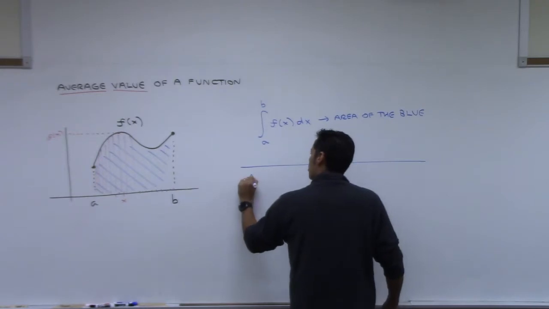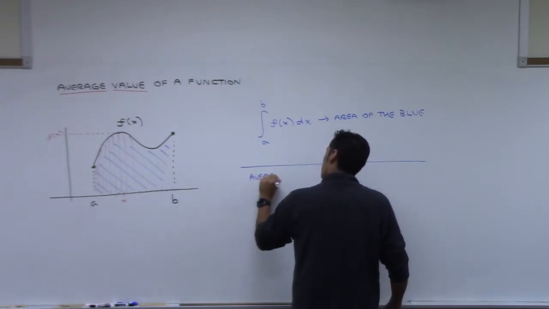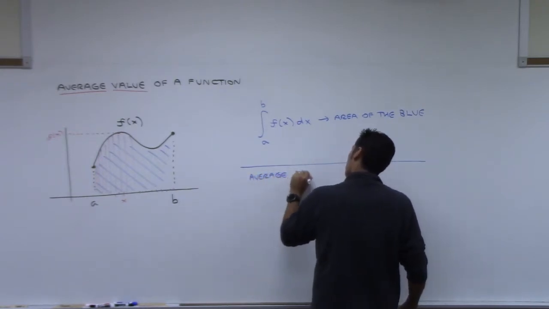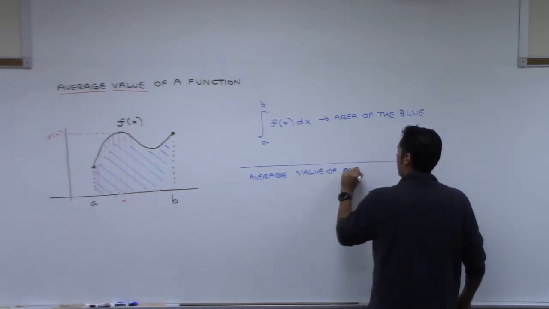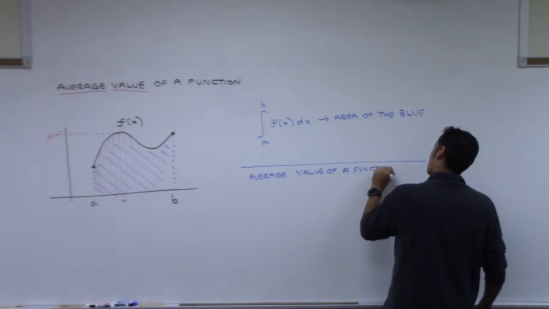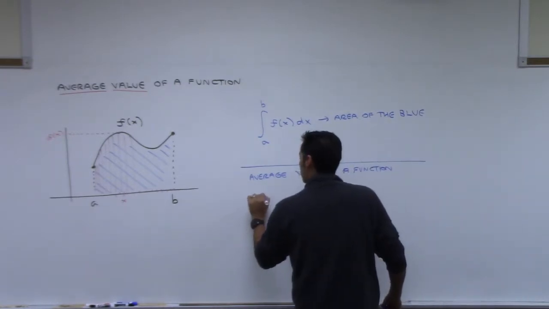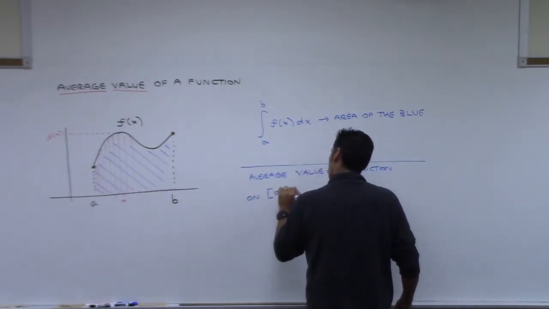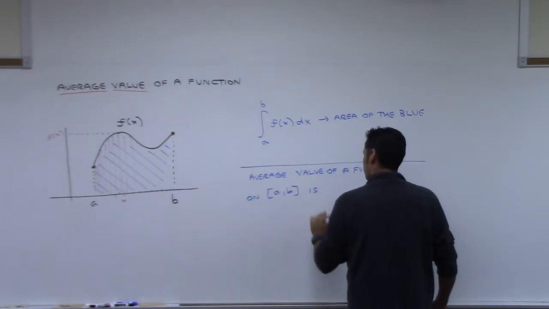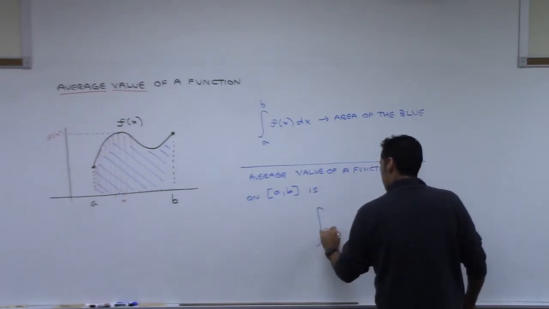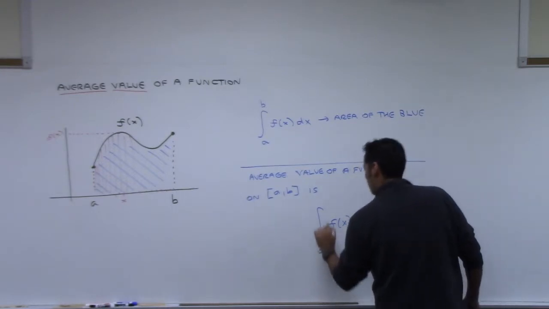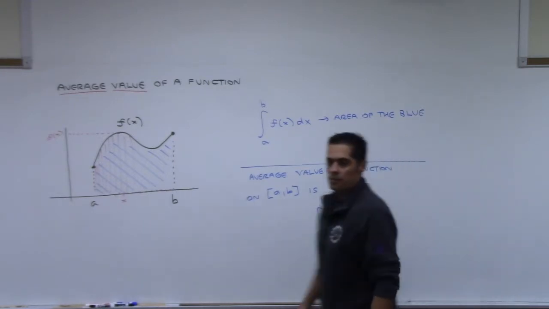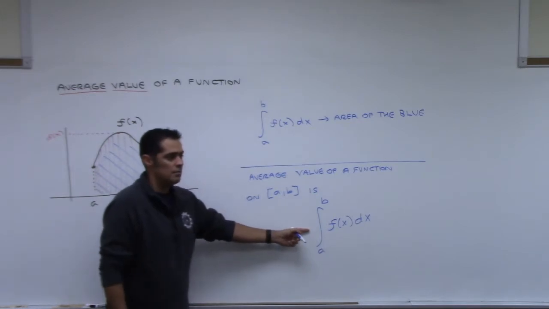The average value of a function on some interval AB is, okay, here's what it is. So that's the area, isn't it?